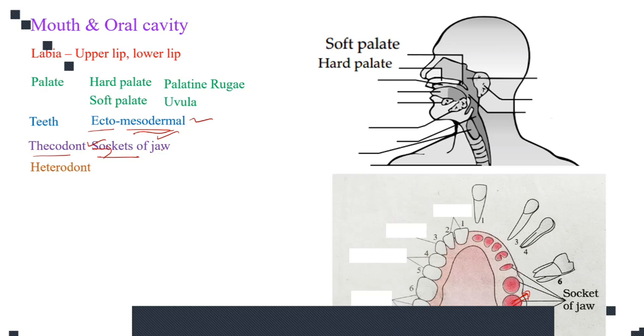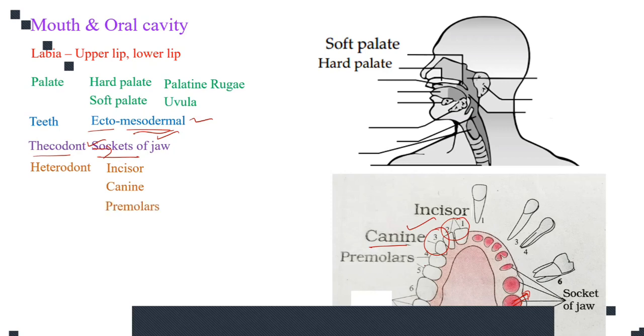Human beings have four different types of teeth which have different functions according to their shape and structure. Those are incisors, of which two are found on one side of the jaw, either upper jaw or lower jaw, and canines, of which only one is present on one side of the jaw, then premolars, and next molars.